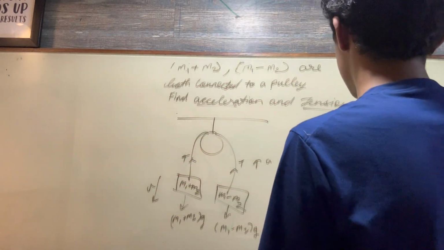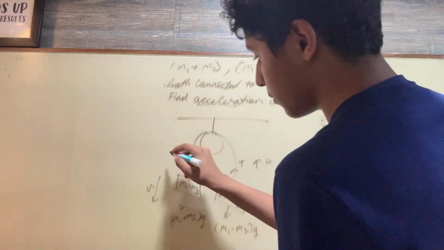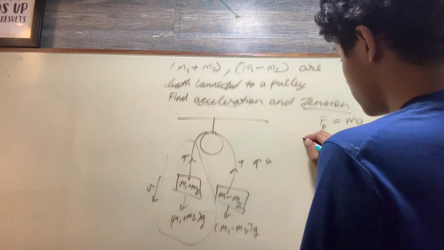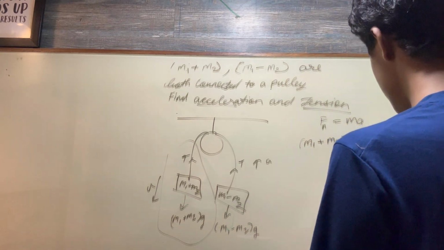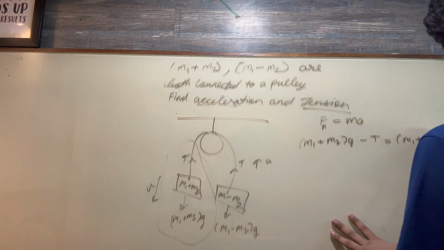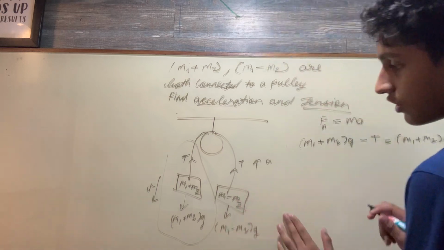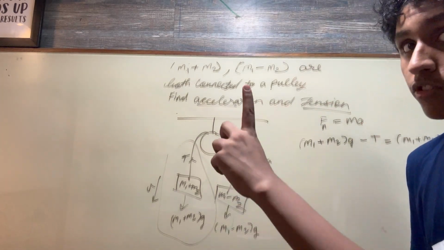We know F net is equal to ma. For our first body, it becomes (M1 plus M2)g minus tension is equal to (M1 plus M2)a. Then for the second, because the acceleration is upward, tension will go upward, so tension is the first force.